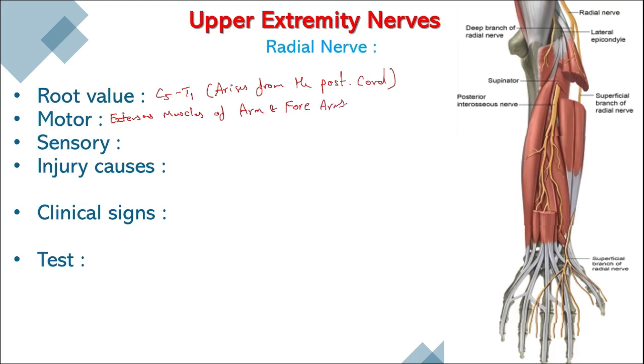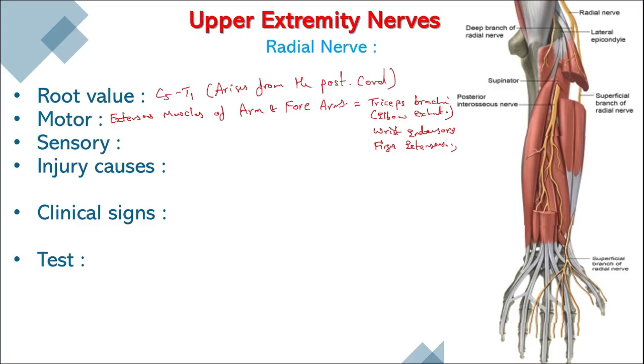What muscles does the radial nerve innervate? First, triceps brachii, which helps with elbow extension. Next, wrist extensors for wrist extension, and finger extensors, so the patient can do the OK sign, the thumbs up sign.